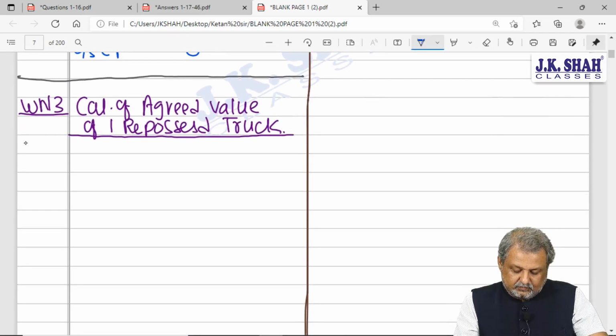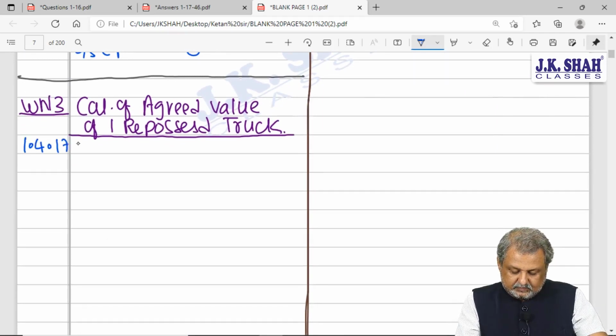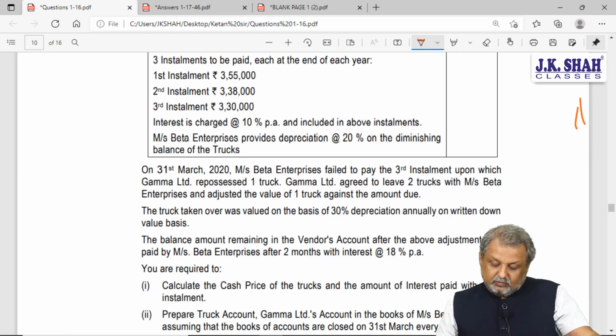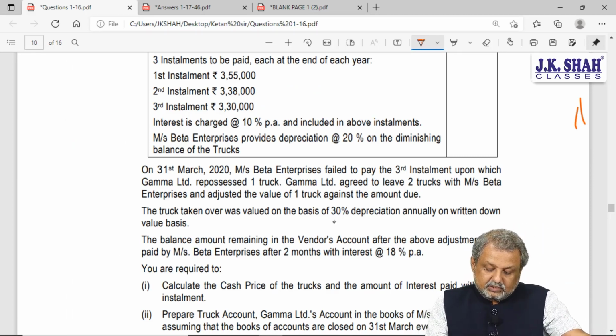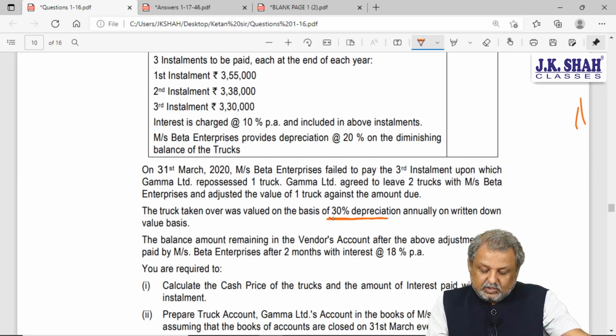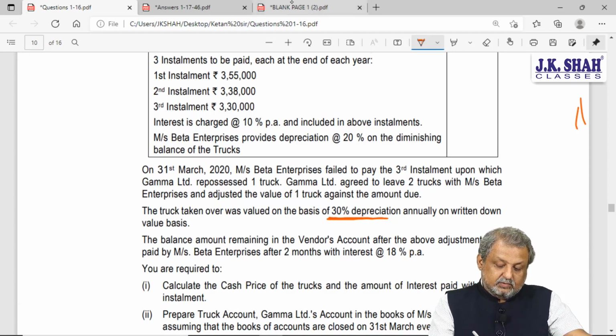So 1,470 cash price 5 lakhs. But now for the purpose of repossession, it is to be depreciated 30% for agreed value.